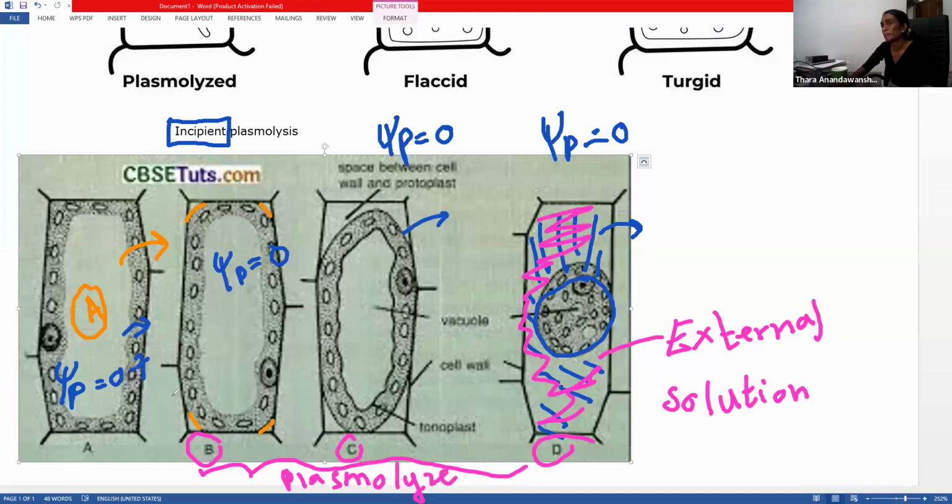Got it? Draw them quickly. Thereafter, we will be going to one practical from this. Please draw.